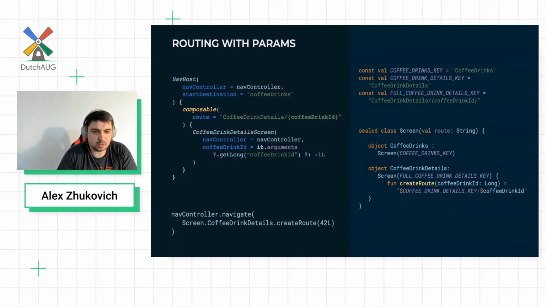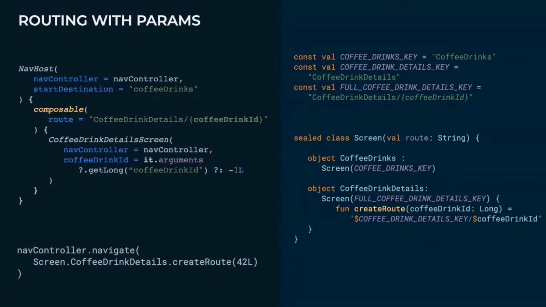If we take a look at our screen abstraction, inside this abstraction we can add our route for every specific screen. And in case any screen requires additional parameters, inside this object we can add a createRoute function, where we can pass any amount of parameters. And later on, the final route with all required parameters will be generated for us.